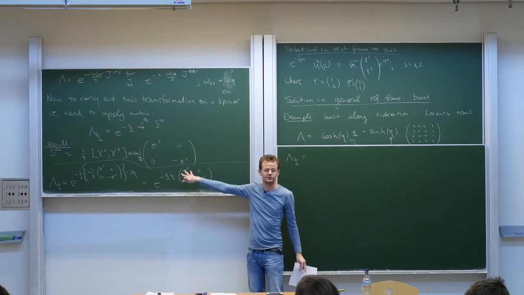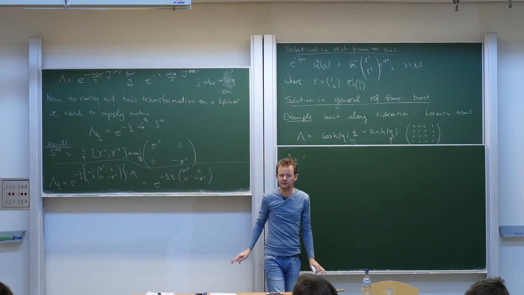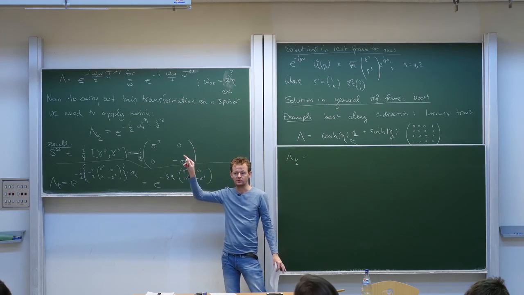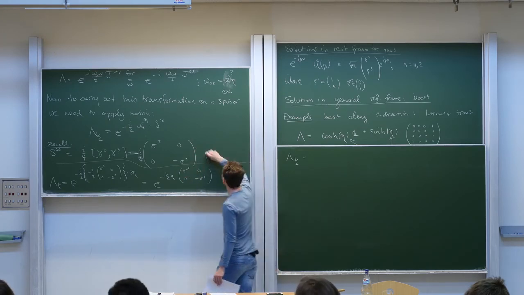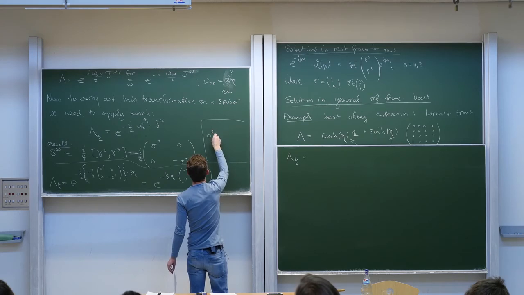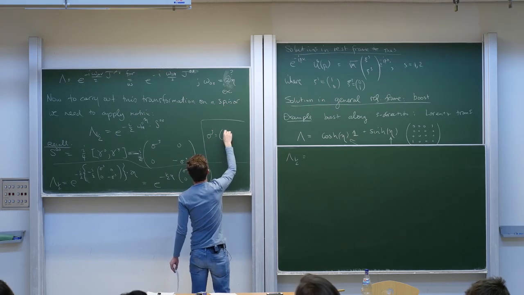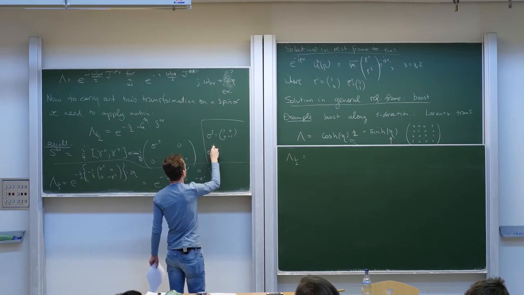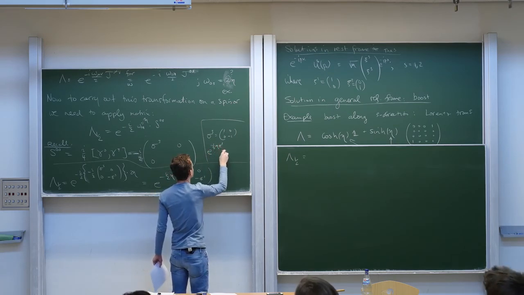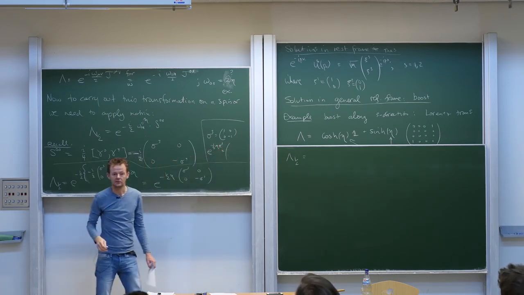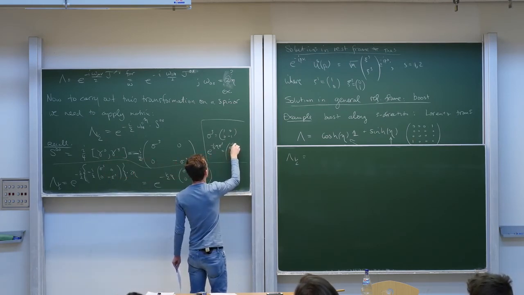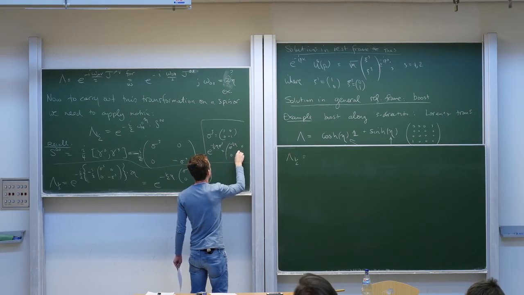Now this is a calculation that's so simple we can just do the answer, right? Because sigma 3 is diagonal. It's 1, 0, 0, minus 1. So the exponential of minus a half eta sigma 3 is also easy to work out because it's already diagonal. It's just e to the minus a half eta, 0, 0, e to the a half eta.